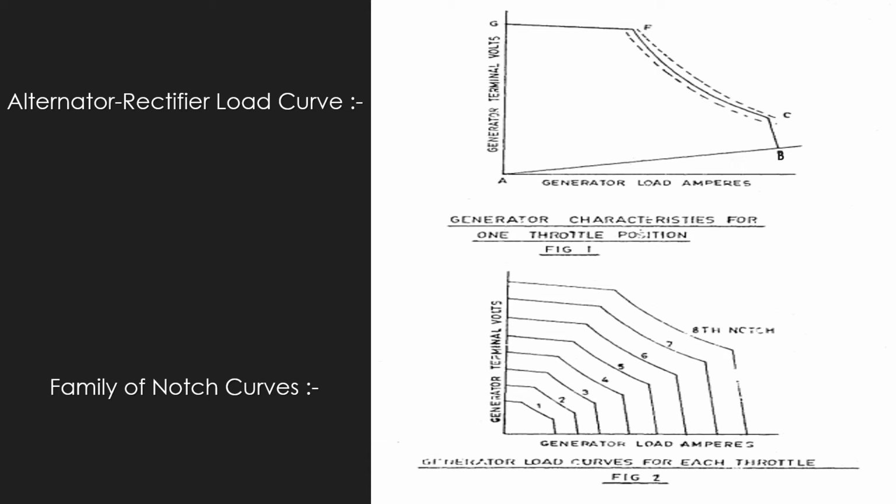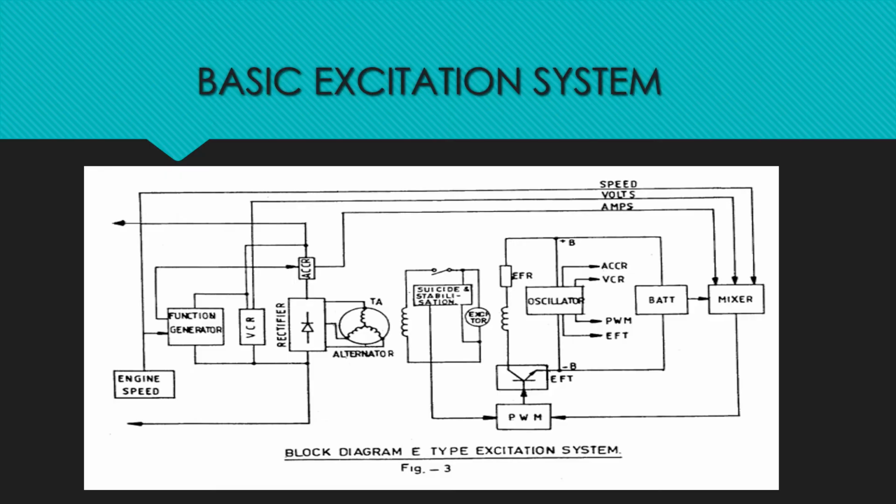The actual position of each curve is determined by an engine speed signal fed to the excitation system. When the engine is accelerated from one notch to the next higher notch, the alternator rectifier current increases smoothly until it reaches the next notch value as the engine gets to the corresponding speed for that notch. Shown here is the block diagram of a basic excitation system.